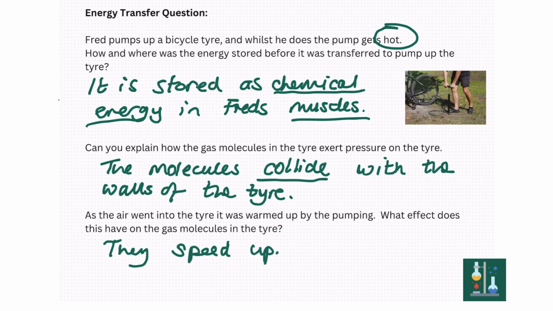You could also say they move faster, as long as you are demonstrating that you understand that the molecules are getting more energy because of the increase in temperature. You can say that they move faster or they speed up. You will get the 3rd mark. Okay, we hope that helps you. Just give you a little example of an energy transfer question, and we'll see you again soon with another one.